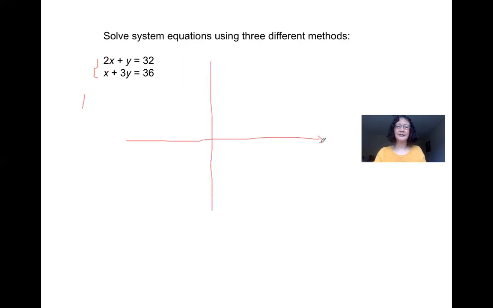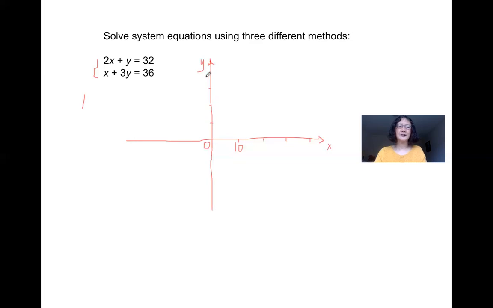So this is the x-axis and y-axis, and then you need to specify the unit. For example, this is 10, 20, 30, and 40.